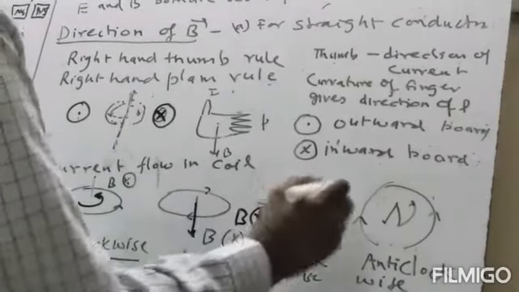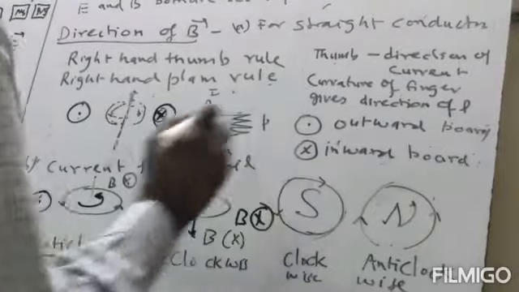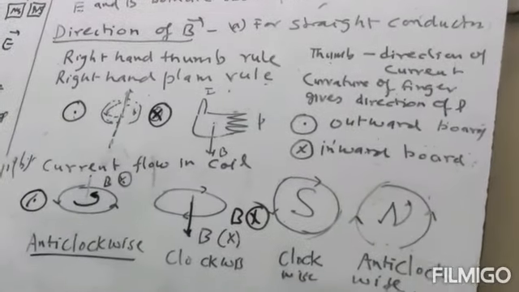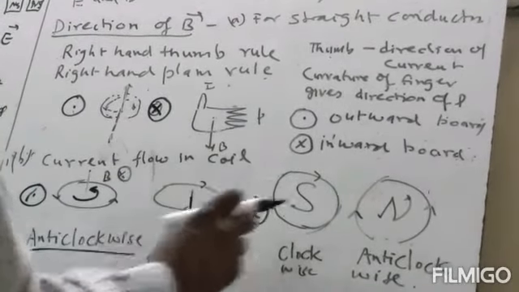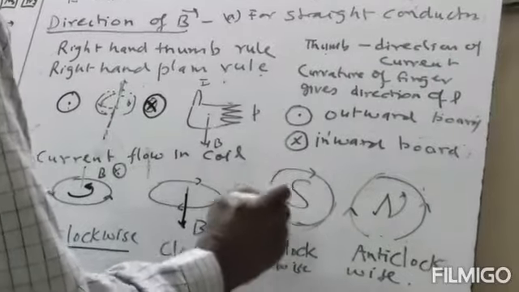Now here also see, suppose this is a circular ring in which current is passing.